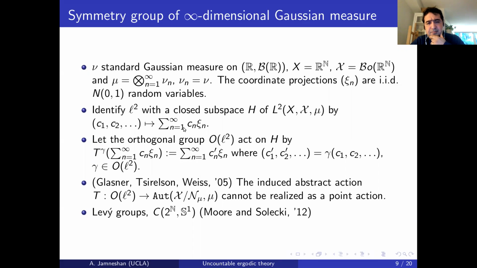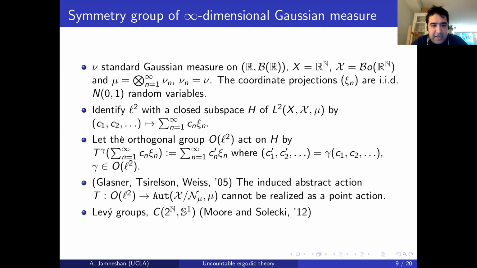So now the orthogonal group of that small l2 space acts on H, and the action is given as follows. First take an orthogonal transformation of l2 and apply it to the sequence.